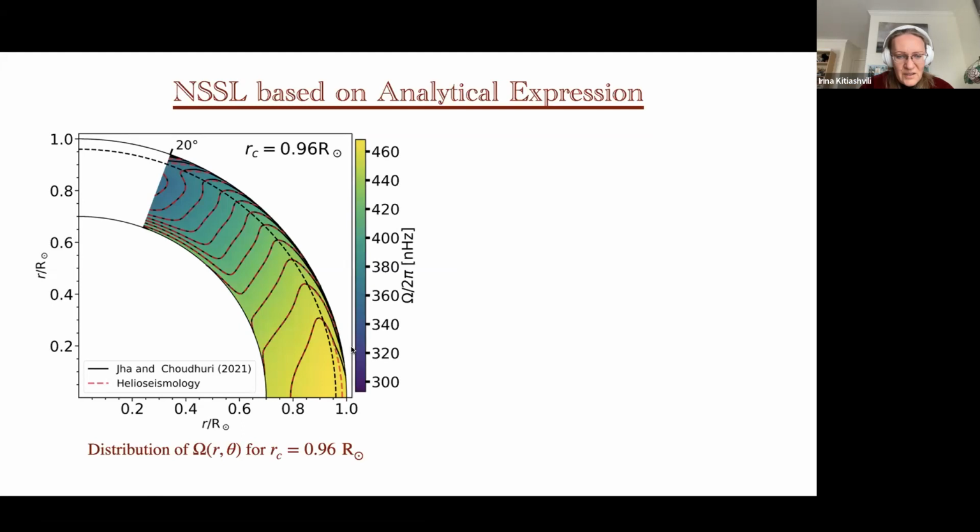So it's a very large distance between your location and the observations. Also, in observations we can have a brighter polar region just because of faculae, for example, or other physical reasons.